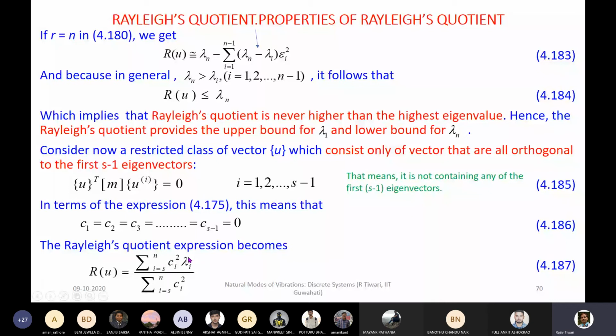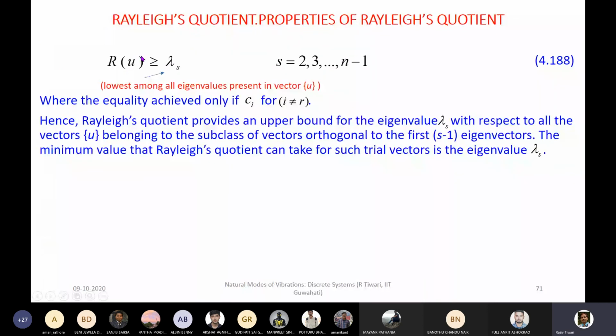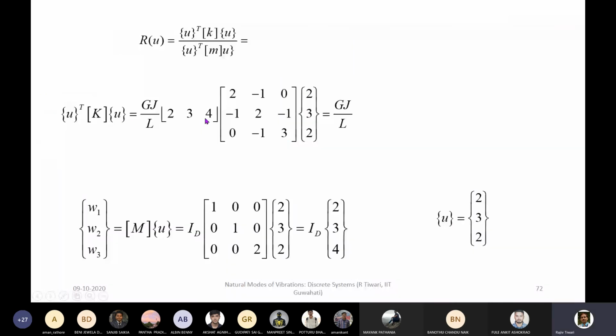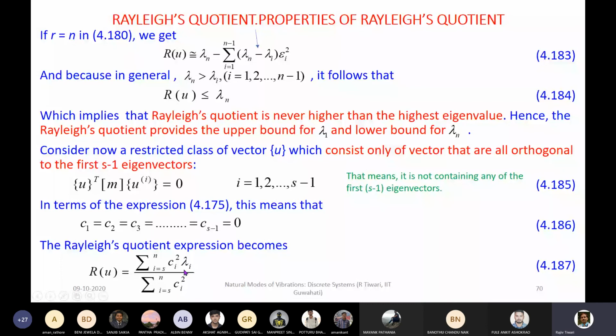Now, because it is having contribution from s to n, if we again take a similar procedure as the previous one, we'll see that this particular ratio will always be more than or equal to the lowest eigenvalue present in this particular case.